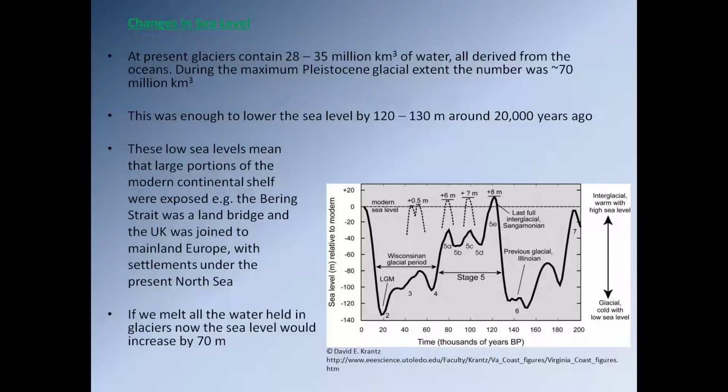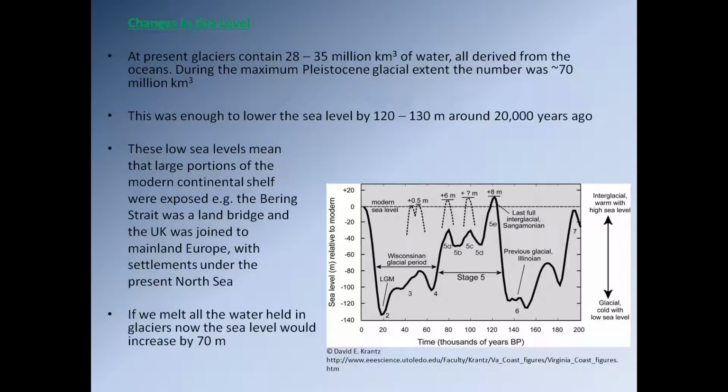And that would have been enough to lower global sea levels by around 120 to 130 meters, around 20,000 years ago. And you can actually see it here, there it is. These low sea levels would have meant that large portions of the modern continental shelf, which are currently underwater, would actually have been above sea level because global sea level was very, very low.